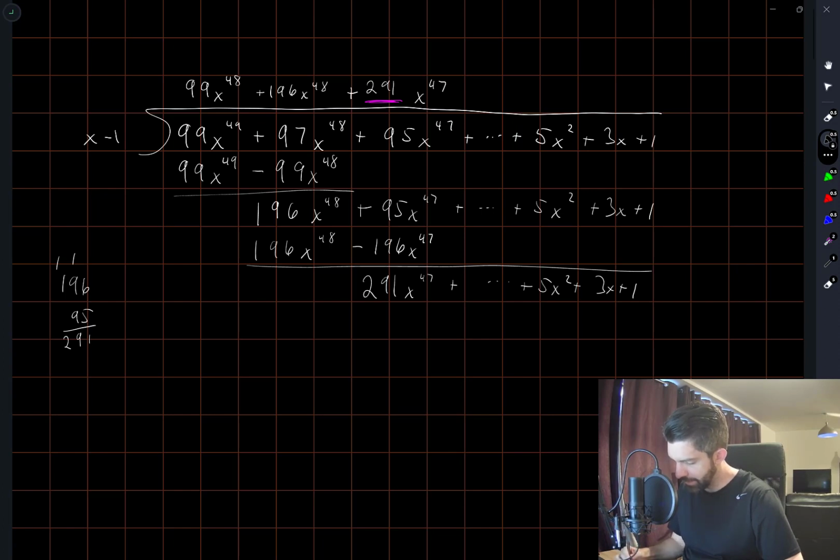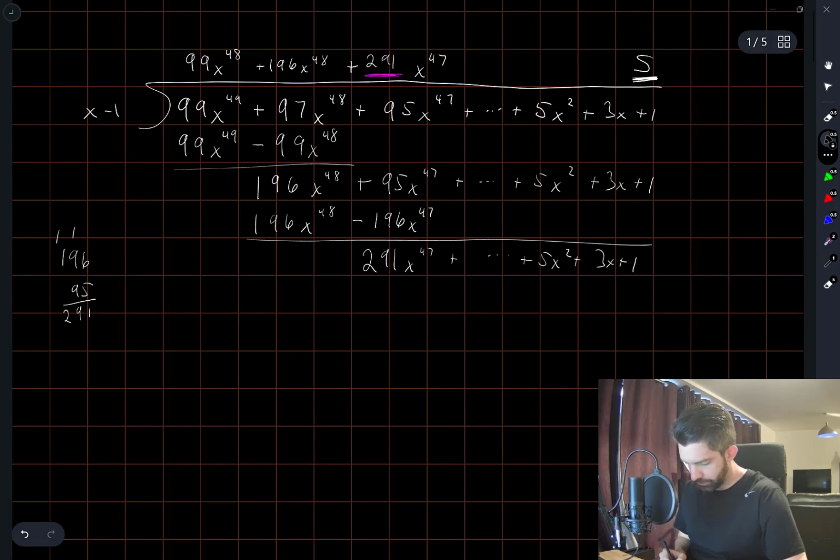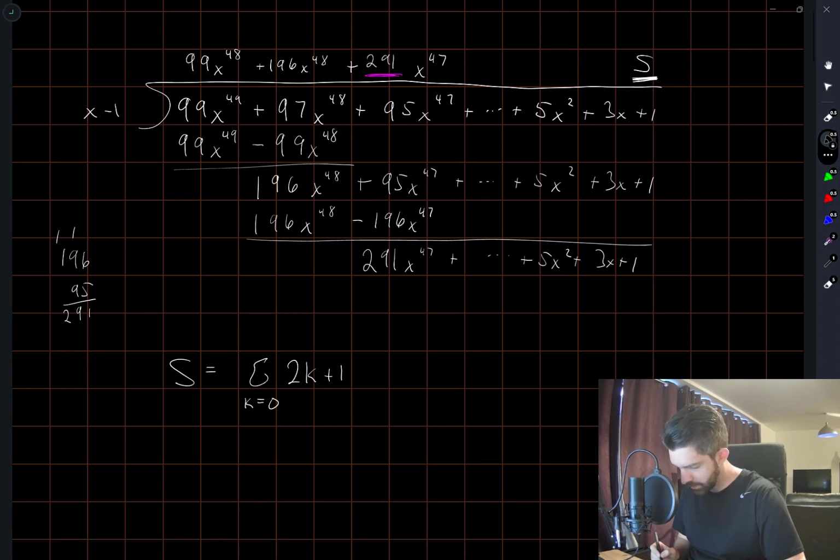And so at the end, the term which goes here is going to be the sum of all the coefficients. I'll call that S. S will be equal to the sum of 2k plus 1, where k goes from 0 up to 49.